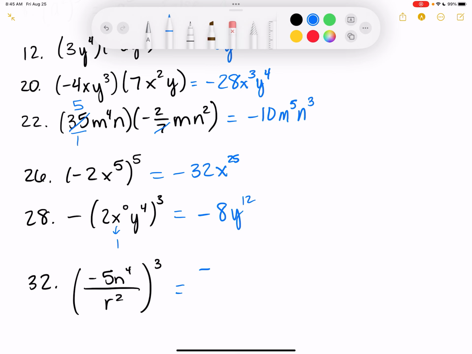Then I've got 5 cubed, which is 125. Then I've got n to the 4th raised to the 3rd, so we multiply exponents, so n to the 12th over r squared cubed, so multiply the exponents again, even though it's on the bottom, and then we have r to the 6th.